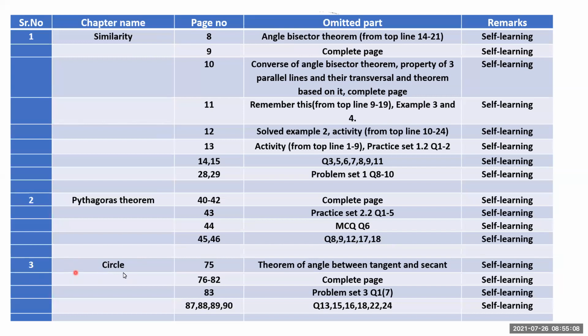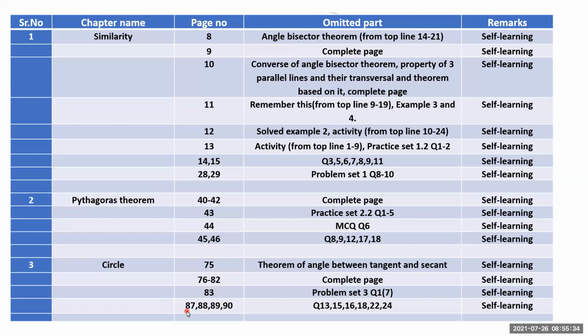Then chapter number 3, circles. Page number 75, theorem of angle between the tangent and the secant. 76 to 82, complete page. Page number 83, problem set 3, question number 1, 7.